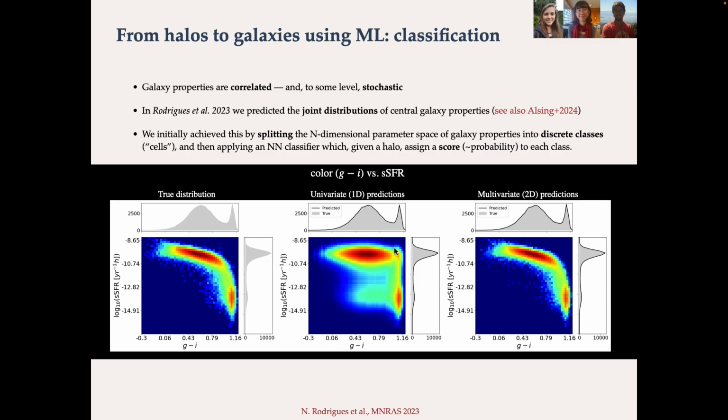You can see in the middle plot what we were getting when predicting each galaxy property individually: the individual distributions were properly predicted. However, the joint distribution was terrible. And this was, of course, solved by having these classes, and then we can predict basically perfectly this very complicated relation between color and star formation rate.